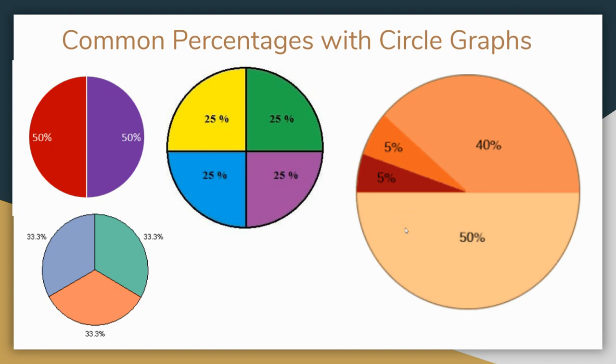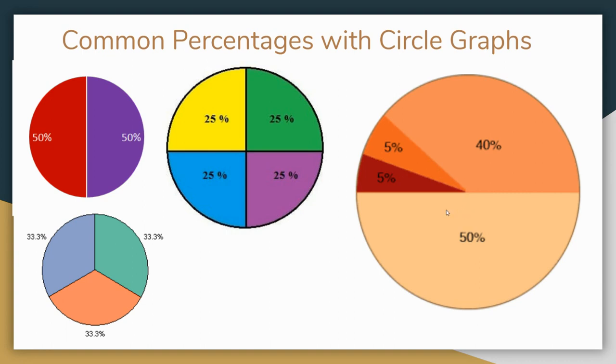In this graph, we can see it's split into several different pieces. We see one that represents 50% of the graph. And then this piece, 40%, we can see that it's not quite 50%. It's a little bit more than 33%. So that would make sense for why this is 40% of the graph. And then we have these 2 smaller pieces left over.